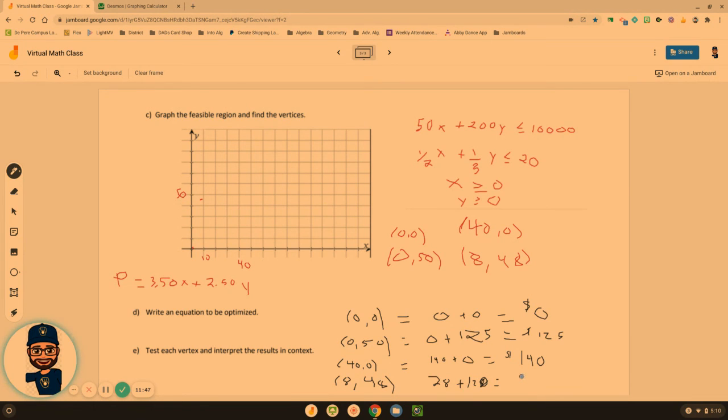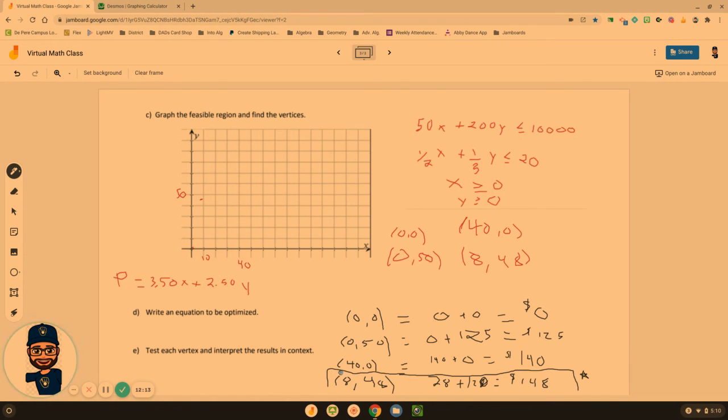If we add those together, we're going to get a profit here of $148. Meaning if I make 8 necklaces and 48 bracelets, I'm going to get a grand total profit of $148. Hopefully, you can see that this last result would maximize the profit. It would give you the largest profit.